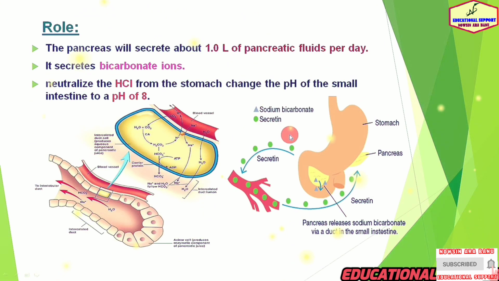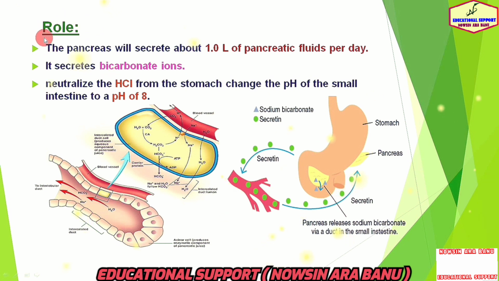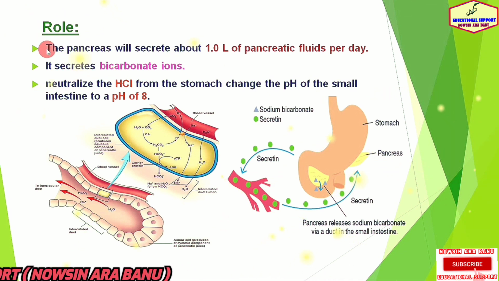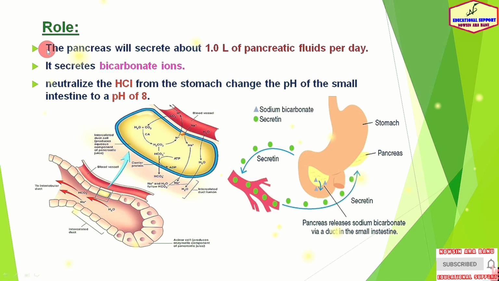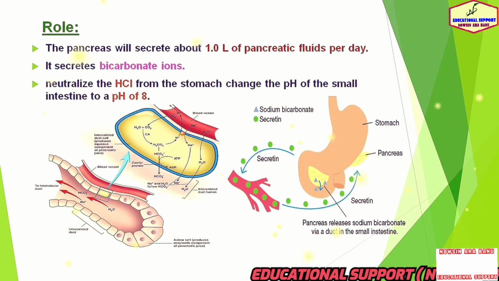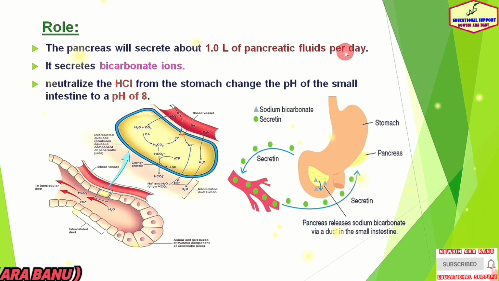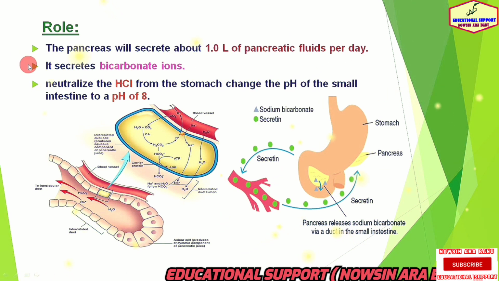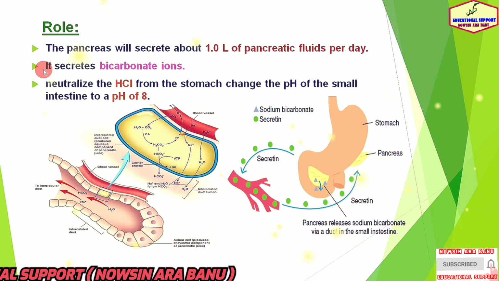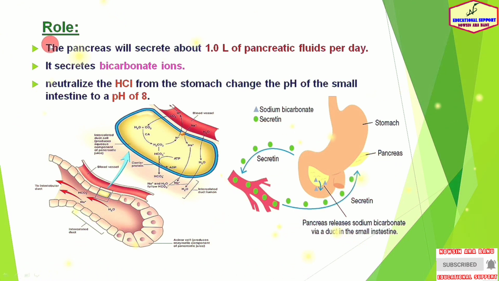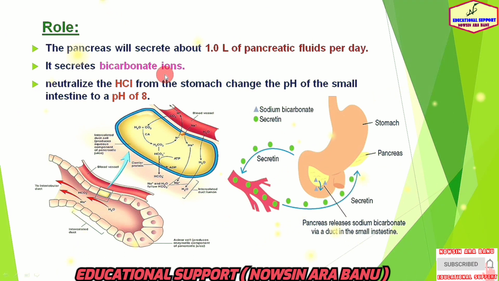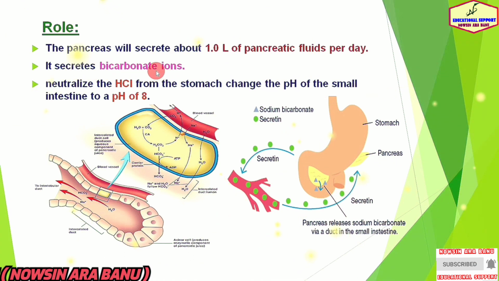So what is the role of the pancreas? The pancreas produces over 1 liter of pancreatic juice every day. This juice contains amylase and other enzymes to break down carbohydrates, fats and proteins. It secretes bicarbonate ions. So what is the function of bicarbonate ions?